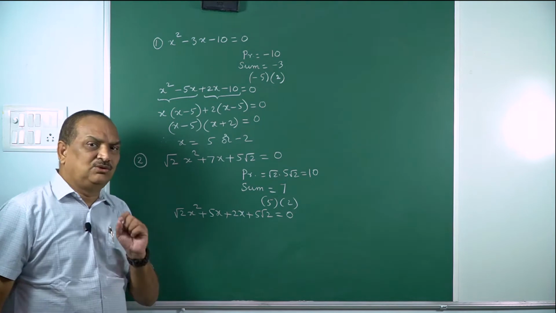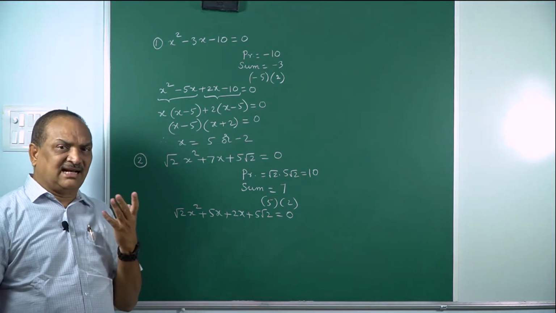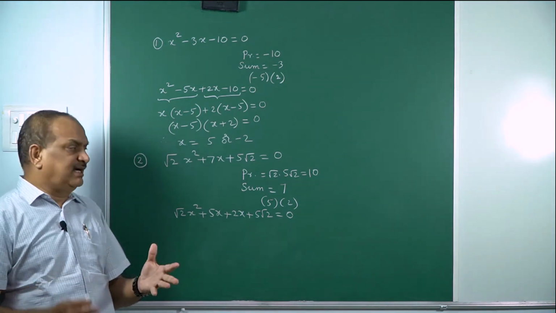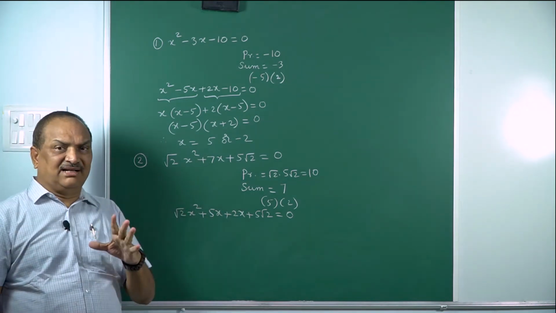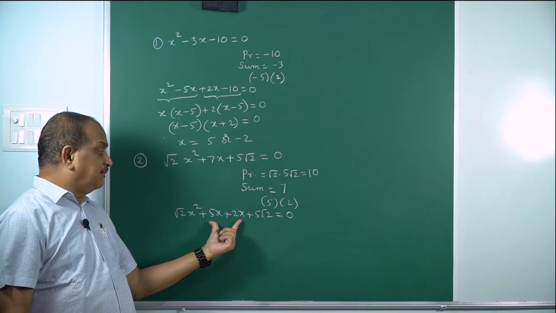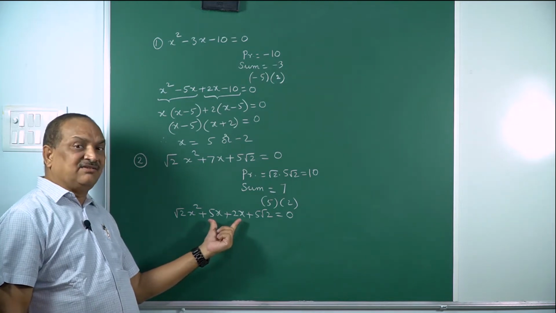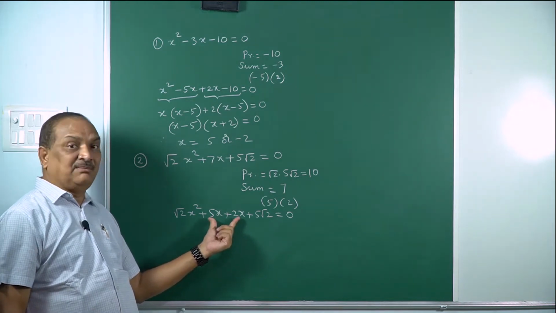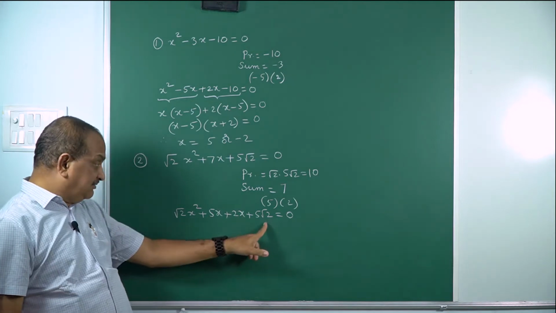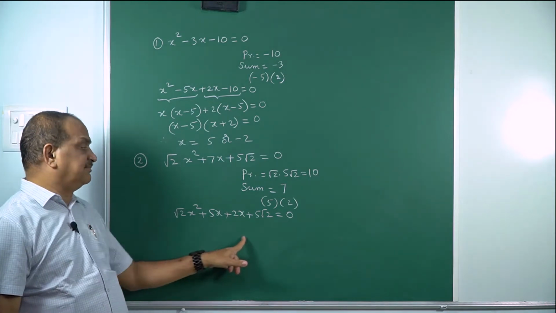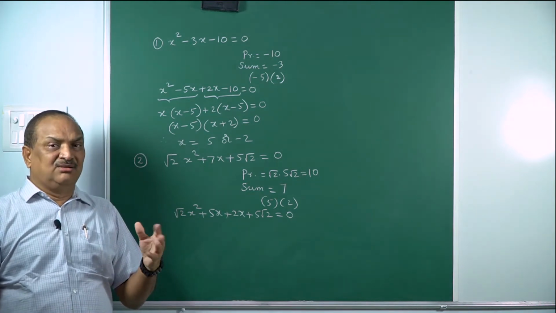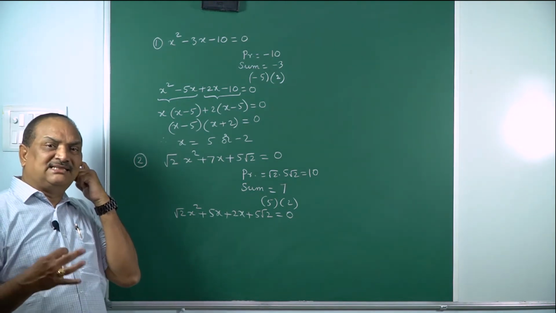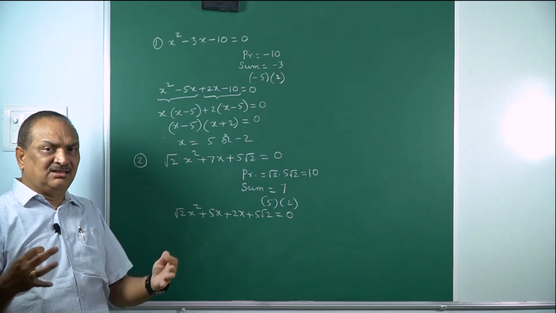For those of you who want to check whether this is the right splitting or not, 5x plus 2x is 7x. That's number one. The second thing is, what is the product of these two? 5x multiplied by 2x is 10x square. Product of these two also is 10x square. It is something like the product of the means and the product of the extremes. Both will be the same. Then you can say the splitting is done correctly.